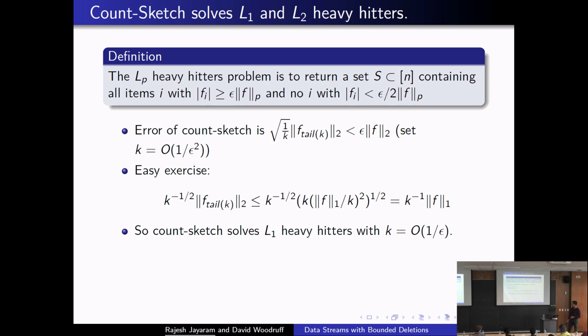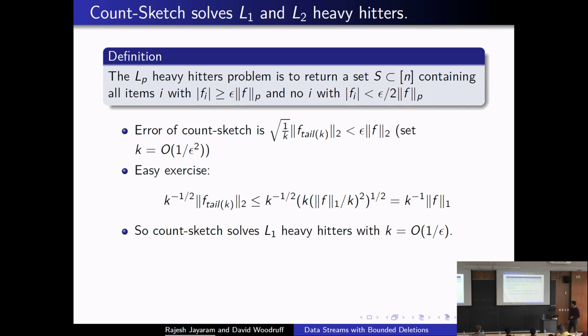So our goal is going to be to adapt this data structure via sampling to the bounded deletion setting, where we can do better. Our main improvements are going to come from the fact that our counter sizes are going to be smaller. We have 1 over epsilon columns, and each bucket is a log n bit integer.